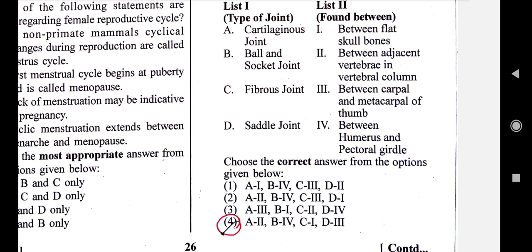Option B, ball and socket joint matching with 4, between humerus and pectoral girdle. Option C, fibrous joint matching with 1, between flat skull bones. Option D, saddle joint matching with between carpal and metacarpal of thumb. So option 4 is the correct option.